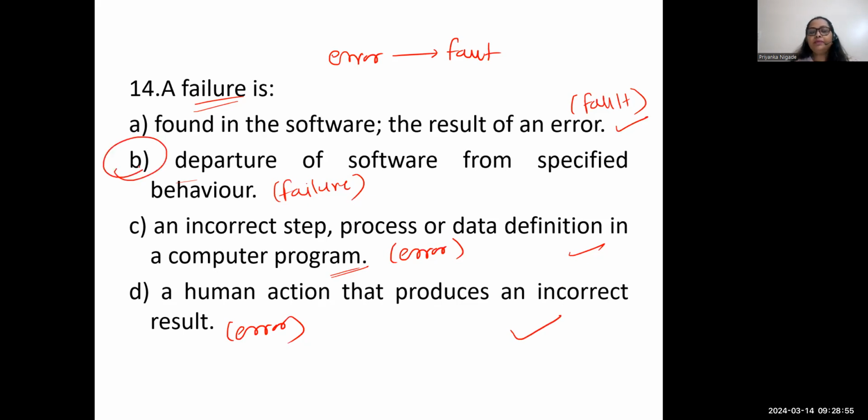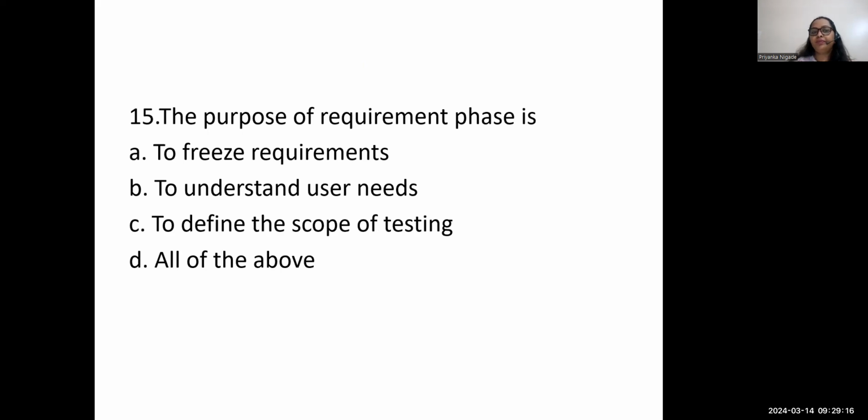Then what is the correct answer? B. Deviation of a software application from its expected delivery, right? That is called failure. The same sentence is written as departure of software from specified behavior. That is called failure. The correct answer in this question is option B.